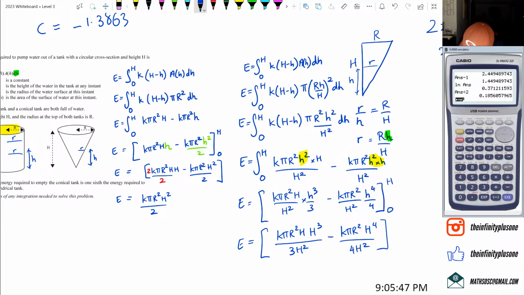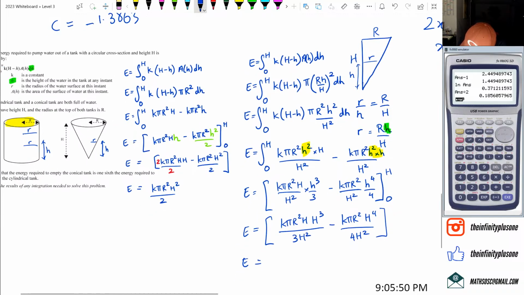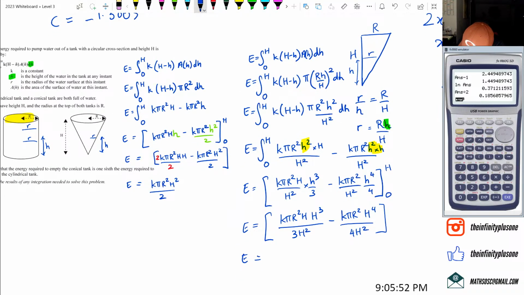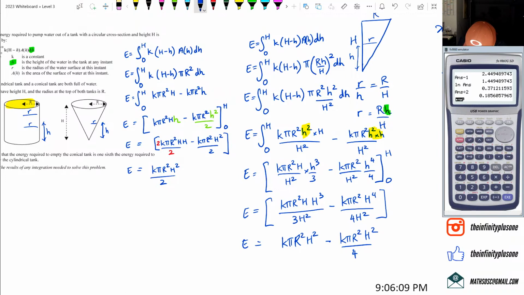Don't have to worry about the 0, so then E is equal to, I've got H4 in the numerator, H squared, so this is going to become K pi R squared H squared minus K pi R squared H squared over 4, which means I'm going to get 3/4, or I've made a mistake somewhere. Three and 4 I should have got.